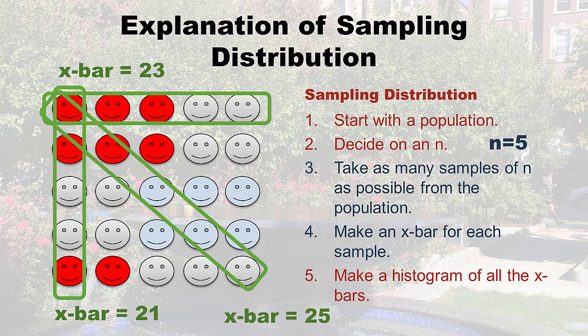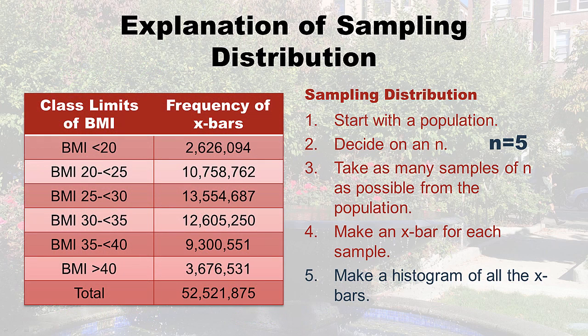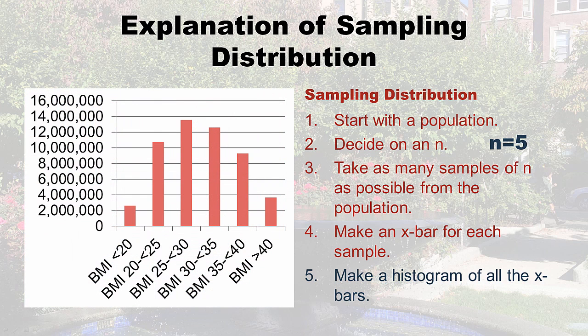And then I can make a histogram of all the x bars. Of course, I'd start with a frequency table, but look at the frequencies. They're huge. That's because you can get just a ton of samples out of one population. And if you make a histogram out of that, it looks normally distributed. It's just that the frequencies are really high because there's a whole bunch of different samples you can take.